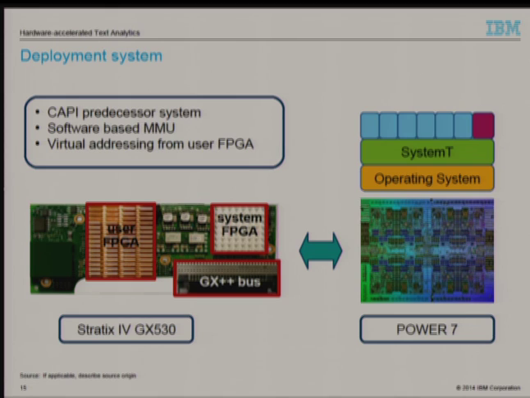This system here uses a software-based MMU. That means that within your application you have a translation server running that would translate virtual addresses that you're accessing from the FPGA into real addresses that you can then access on memory.